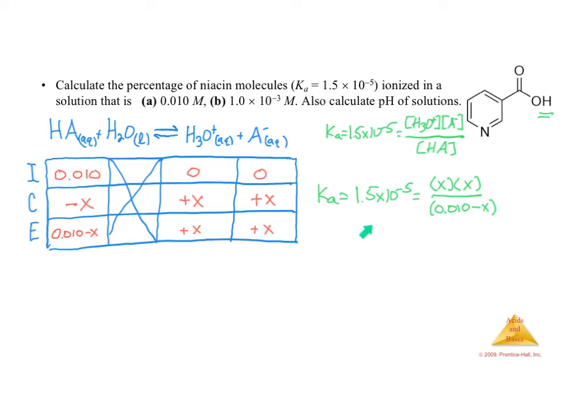At this point, you can either solve for X using the quadratic equation, or we can make the assumption based on our starting concentration of niacin and the acid dissociation constant for niacin being far enough apart that we can assume that this X is negligible. So we're going to go ahead and do that.